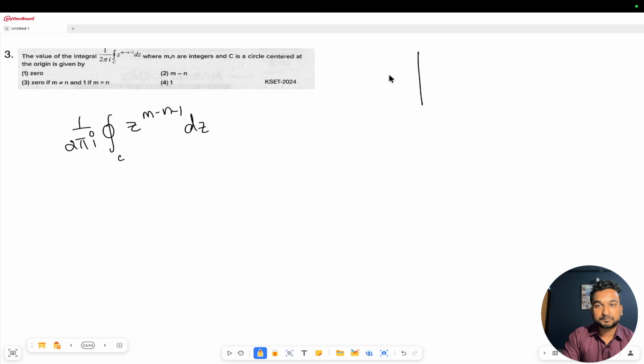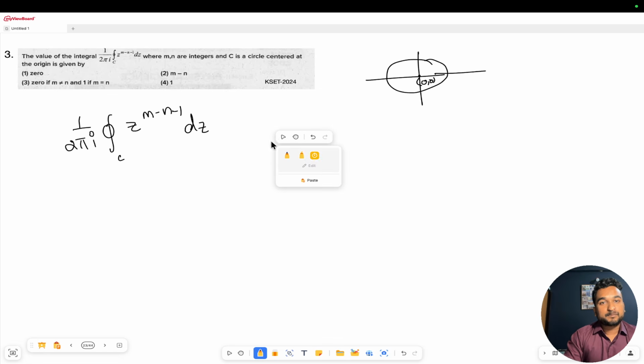Okay, we have a contour. C is the contour which is centered at origin 0, 0. So what will be the value? Its value will be 0? No, because it has some negative power of z minus 1. If both are 0, then it will have some value.